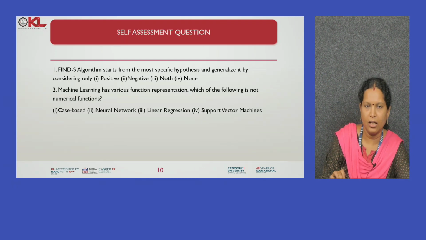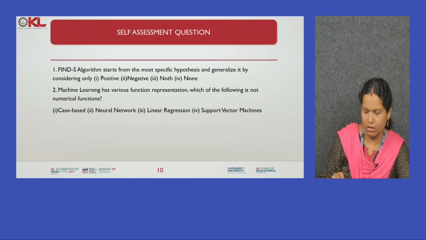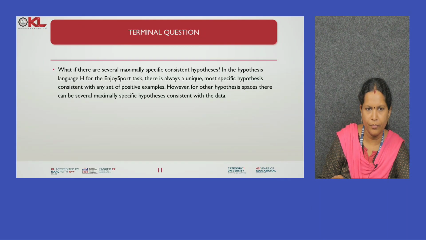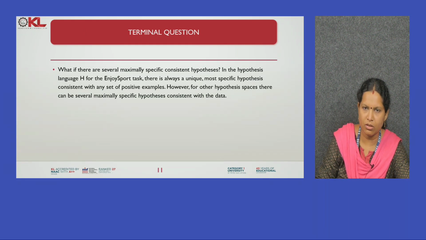And these are some self-assessment questions. The Find S algorithm starts from the most specific hypothesis and generalizes it by considering only positive values always. The second question is taken from general machine learning, and it is for the terminal. What if there are several maximally specific consistent hypotheses?